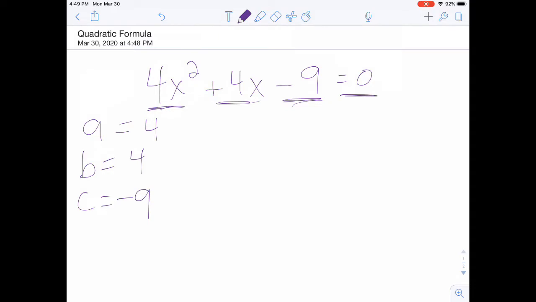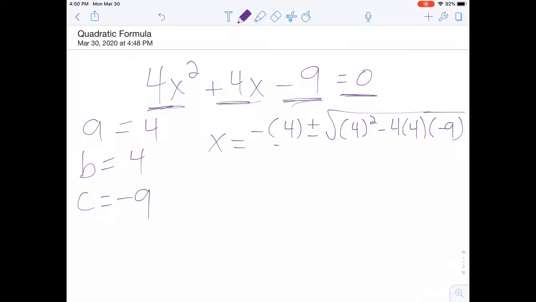I substitute into the formula. I used the formula just before, so I'm not going to rewrite it here. Negative sign, parentheses, my b value is 4, plus or minus the square root of b squared minus 4 times a times c, all over 2 times a, which is 4.